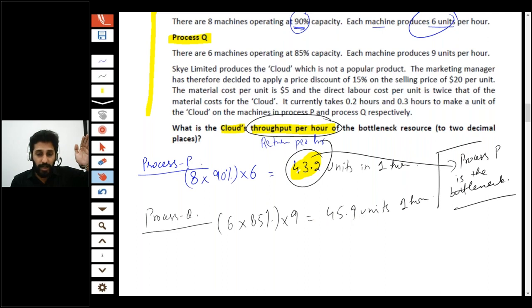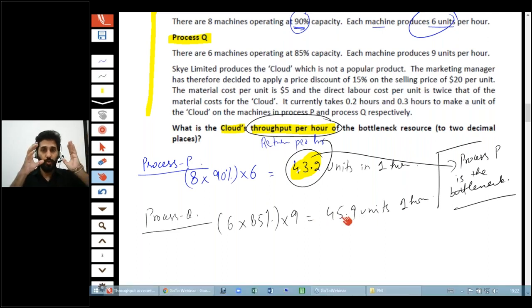So process P produces 43.2, they are being transferred to process Q, and obviously if Q has 45.9 units of capacity, the ultimate output will be 43.2, because the supply coming from process P is restricted. The output will be 43.2 units despite the fact that 45.9 is the maximum capacity in the entire factory. So process P is the bottleneck, right?